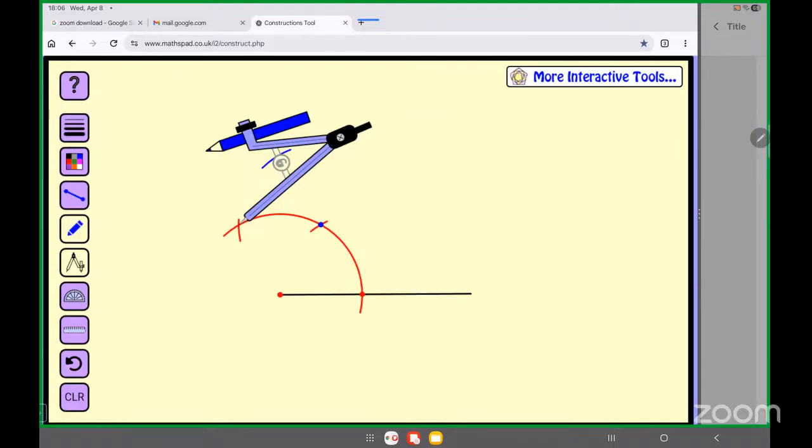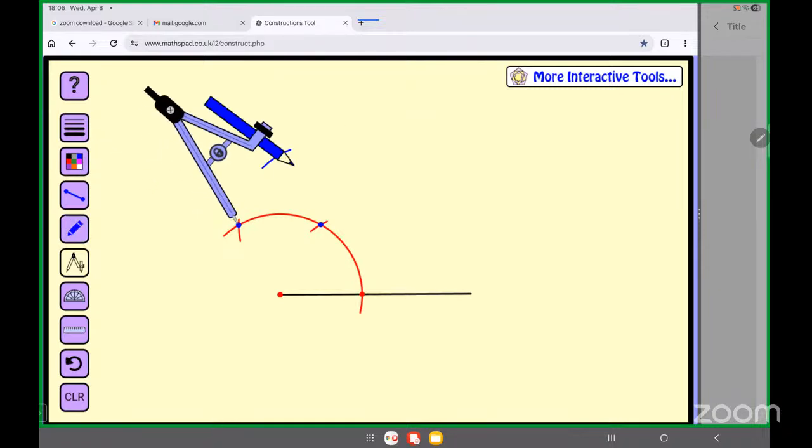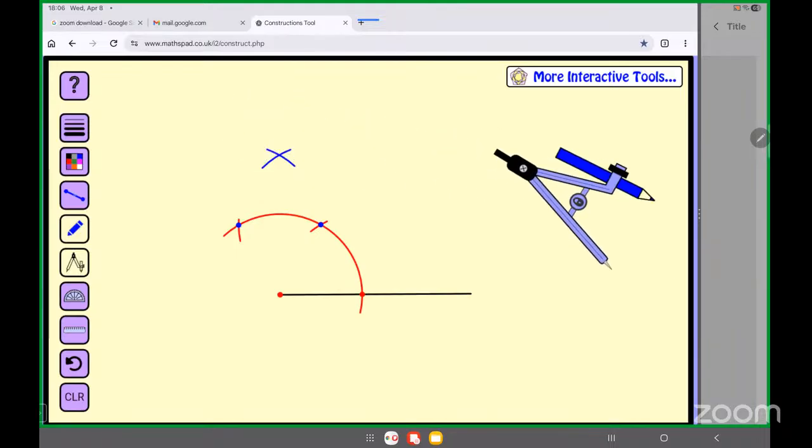Rotate the compass and cross that one. Now when I draw a line from here through this intersection, it is bisecting the second arc and giving me 60 plus 30 equals 90.